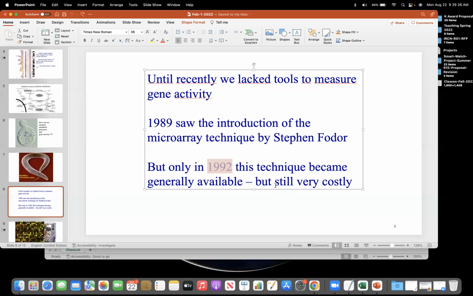At that point, it was new technology, so it was a little costly. Obviously, 30 years back, things were not cheap. But it was made commercial in 1992, and people could use it to study gene expression changes.